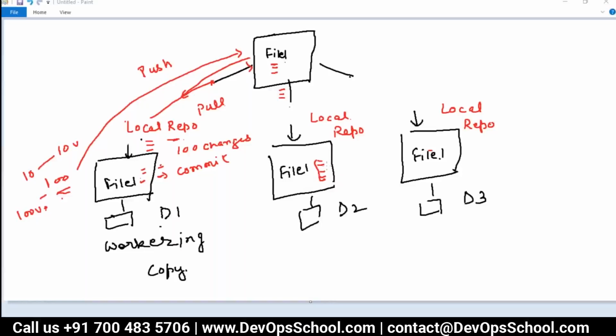In central repository, since the server is not local, it will take a lot of time to do commits. But in the distributed version control, since we have it on the local machine and we are just doing a pull, it's easier and faster commits, and we can do many commits. That's great.